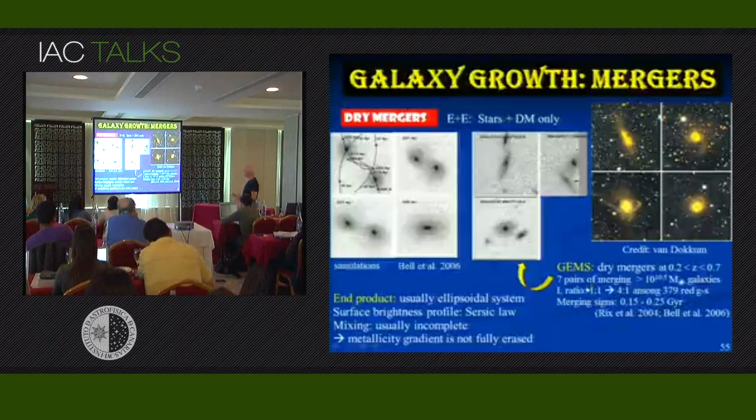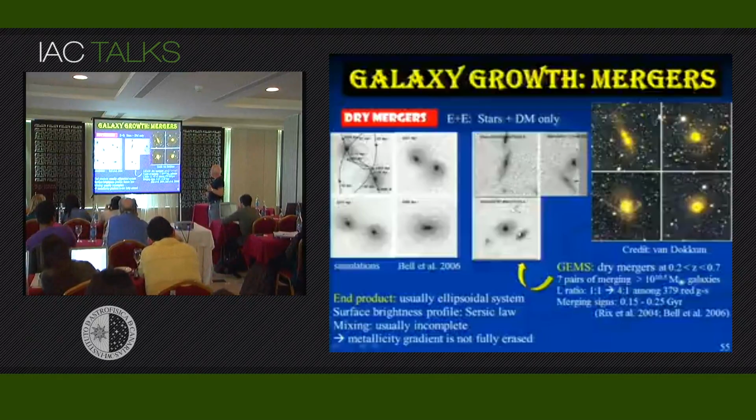And here on the right, these are some pairs out of a number of pairs that have been found by the GEMS collaboration. There are the details here of these guys.